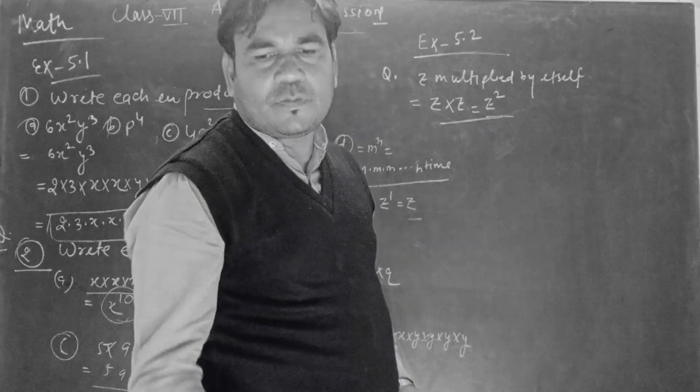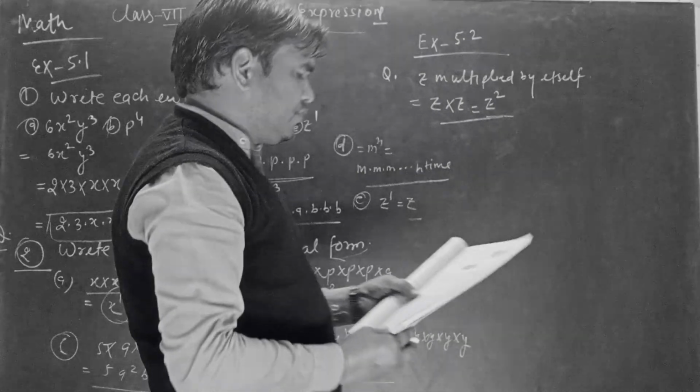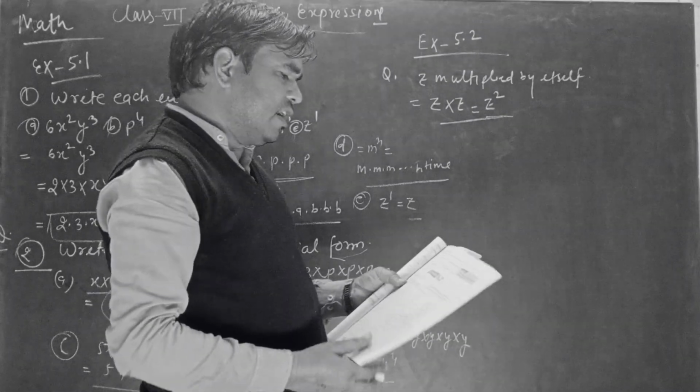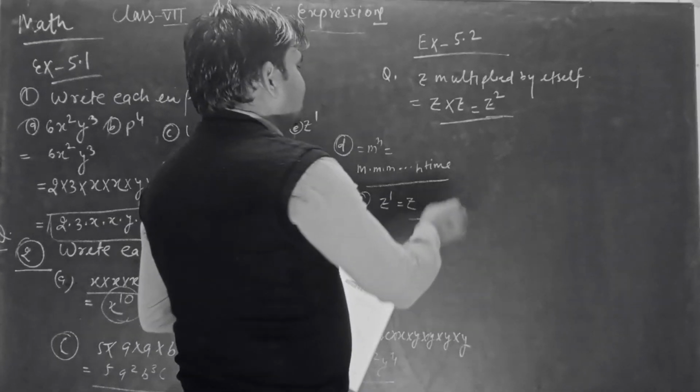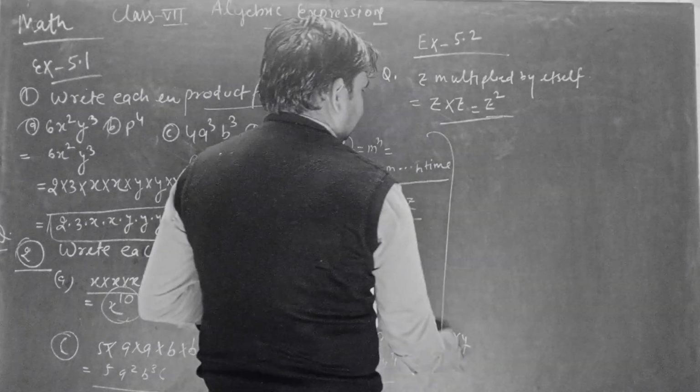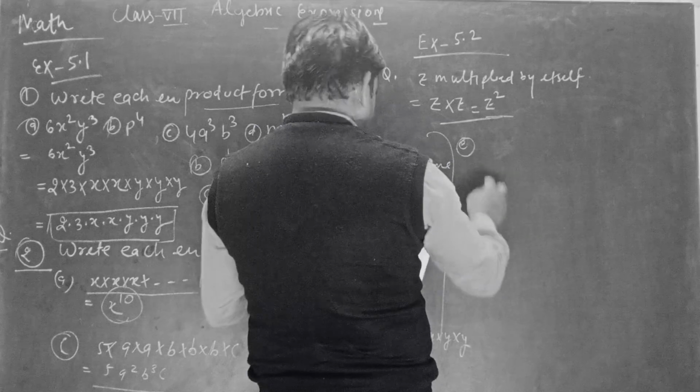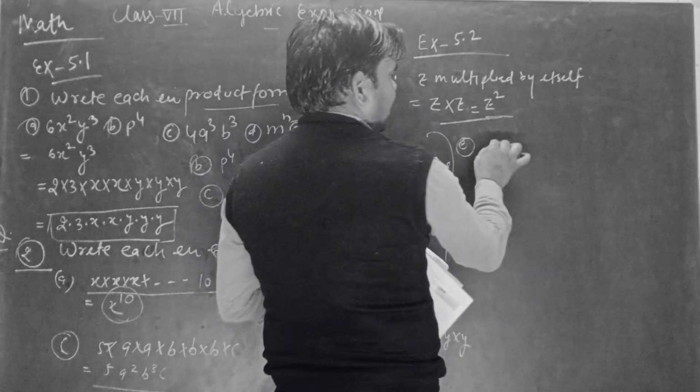Let me see another part. So in another part you see the numbers x and y, both squared and added. So this is the E part. In the E part, you see the numbers x and y.